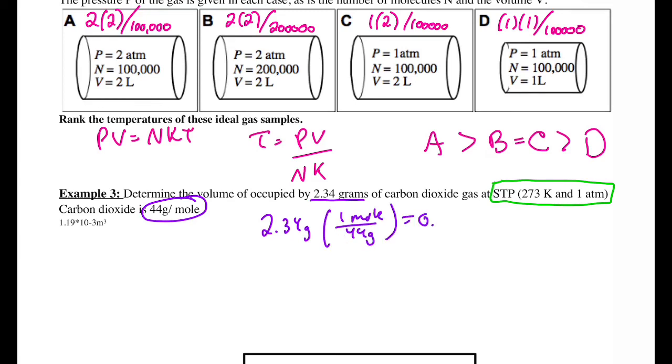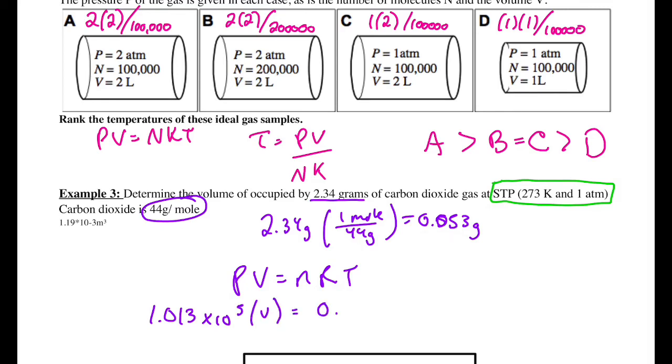So that's going to give us 0.053 moles. From there, we can plug into PV equals nRT. So you have your standard pressure. Make sure to pay attention to how many sig figs your problem wants you to use. Volume, the n we found above, the R, which is constant, and the temperature. Solve for the volume and get 1.19 times 10 to the negative third cubic meters.